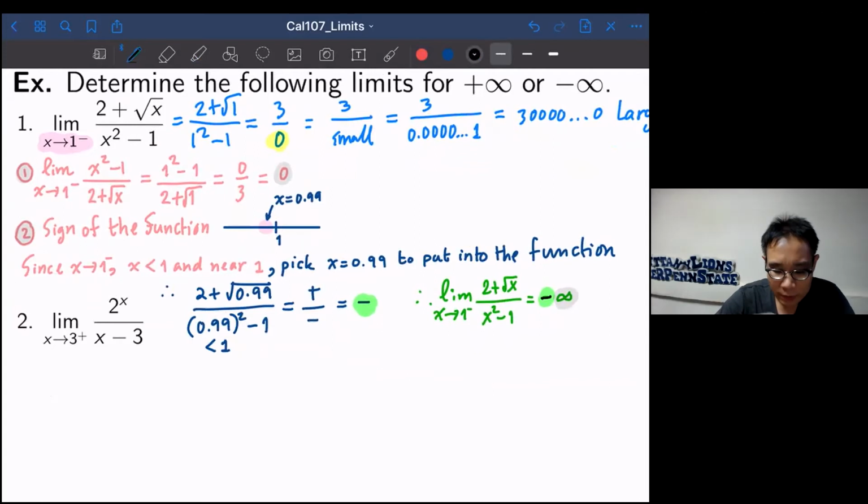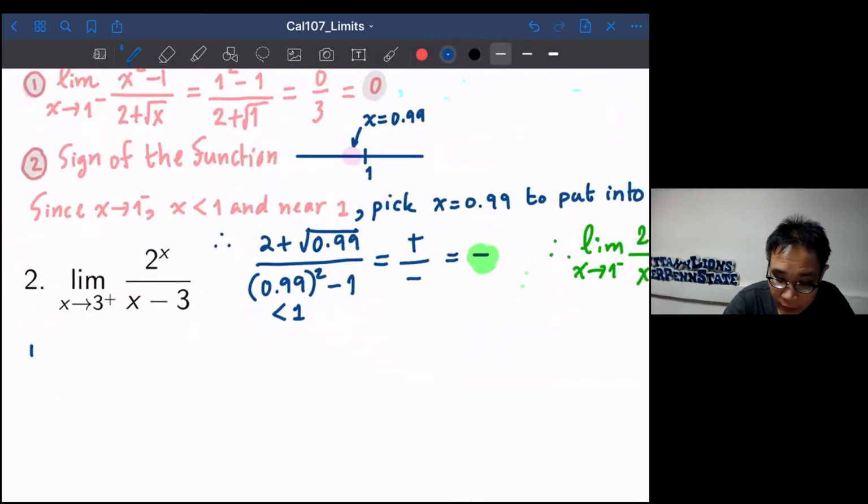Okay, let's do 3 more, I believe. For this one, you have the limit as x goes to 3 from the right of 2 to the x over x minus 3. So you're going to find the limit of the reciprocal.